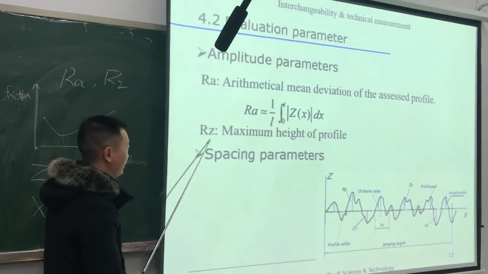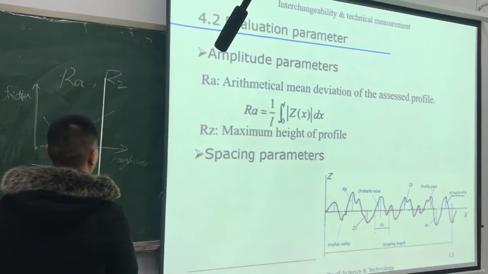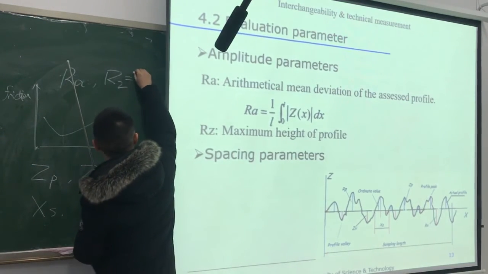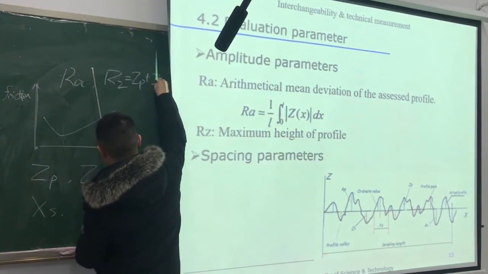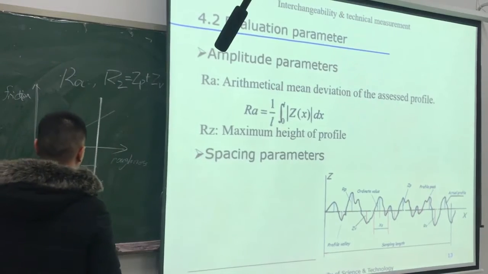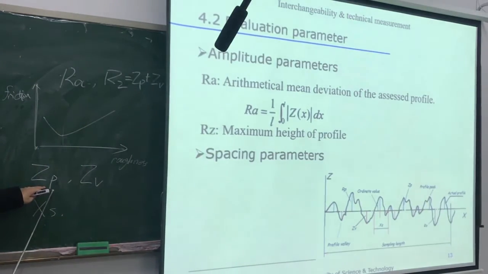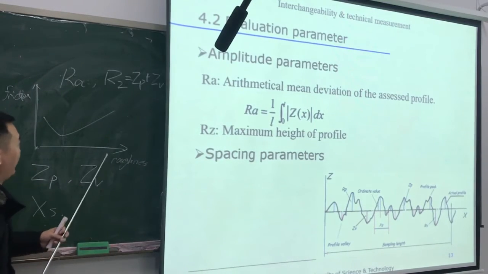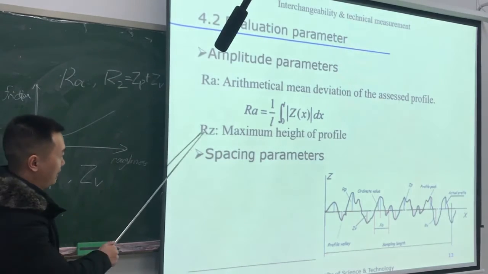And Rz is the maximum height of the profile. Rz, in fact, equals zp plus zv. Because this is the highest point to the axis, and this is the lowest point to the x-axis, and when you add them, you get Rz.